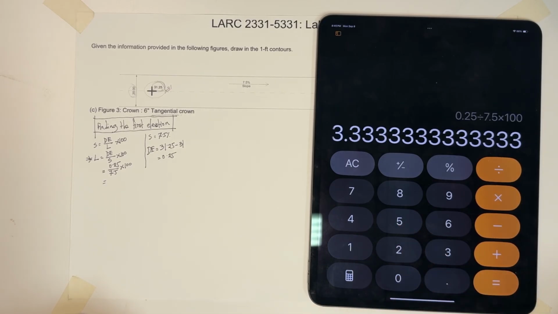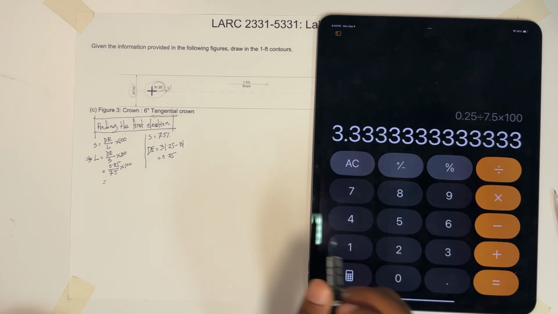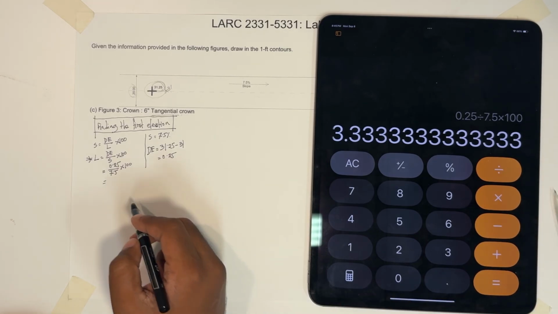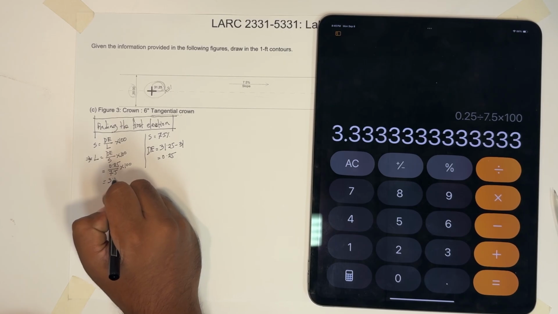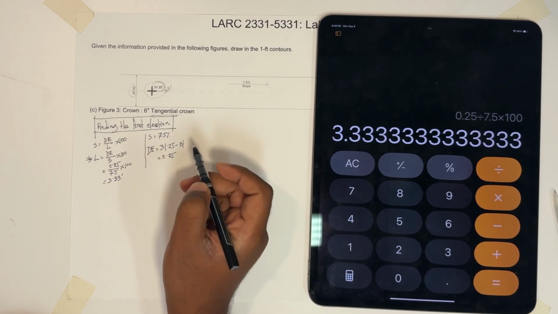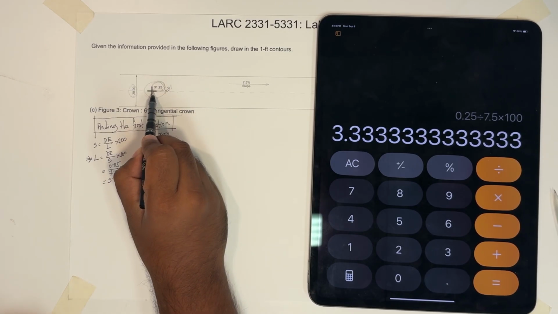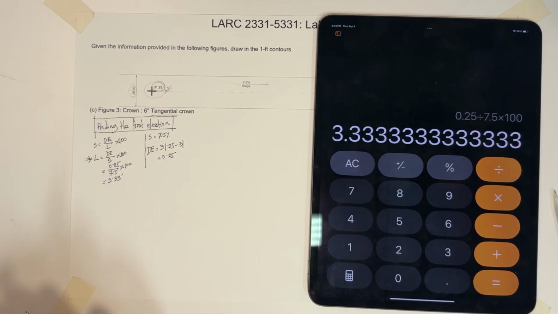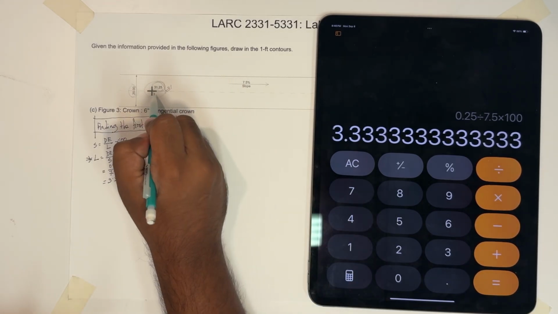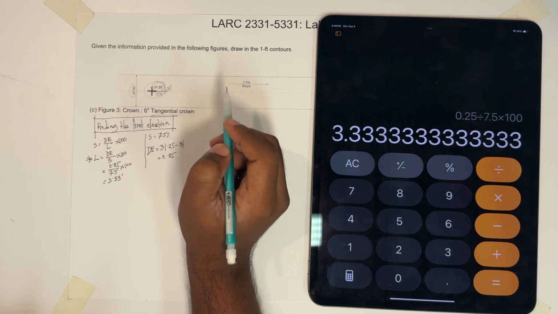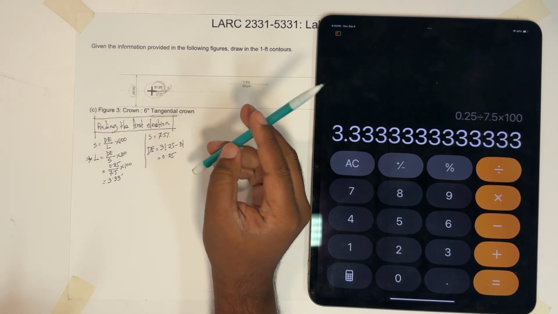It is 3.33 feet. So from 31.25 to 31, the distance is going to be 3.33 feet, which is awesome, but we need to put that in scale.